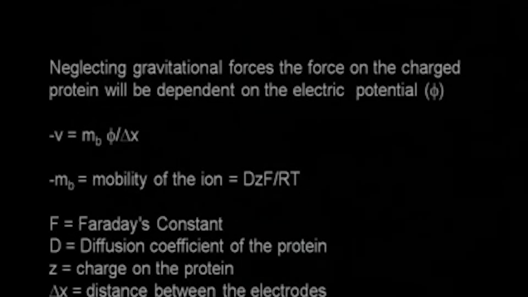Whereas if you have a protein which is much smaller, it will be moving much faster, that means the diffusion coefficient will be much larger, then the mobility also will be larger. So the size of the protein matters, the charge on the protein matters, both matter, understand.